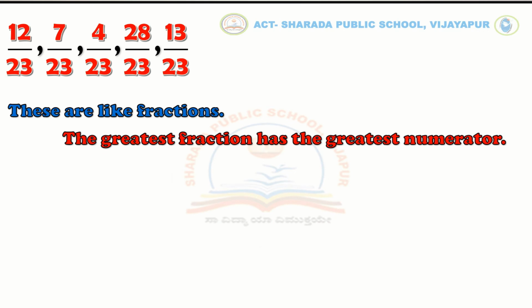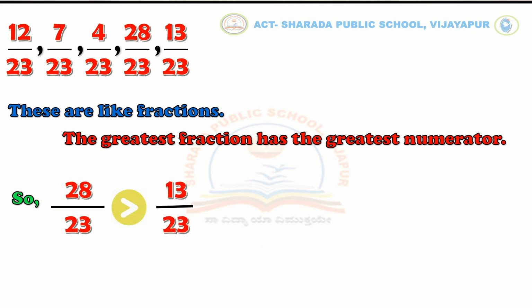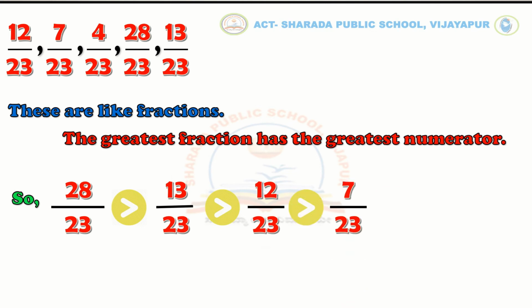The greatest fraction has the greatest numerator. So, the greatest numerator is 28 by 23, followed by 13 by 23, and 12 by 23, 7 by 23 and 4 by 23.